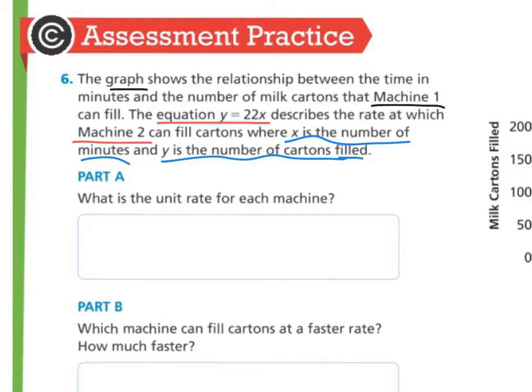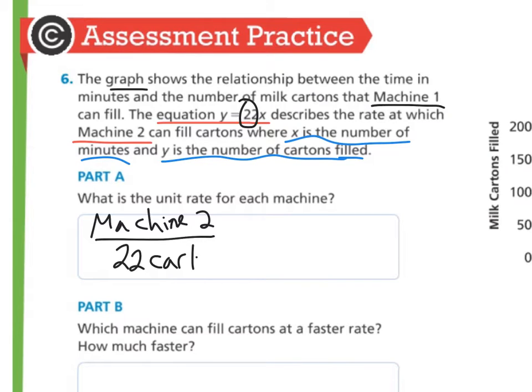So machine 2 with the equation is probably the simpler one. We can just look for that coefficient of x, which is 22. So that's 22 cartons per minute. Just the y divided by x units, so 22 cartons per minute.